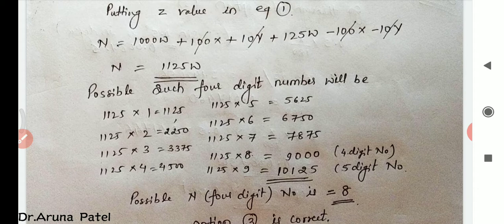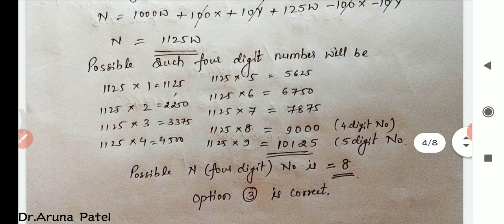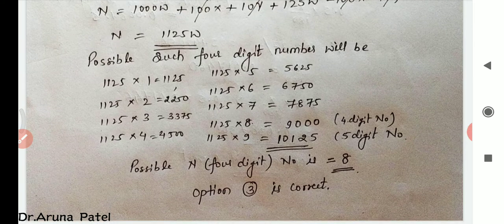On multiplying 1125 by 1 you get 1125, by 2 you get 2250, by 3 you get 3375, by 4 you get 4500, by 5 you get 5625, by 6 you get 6750, by 7 you get 7875, and by 8 you get 9000.